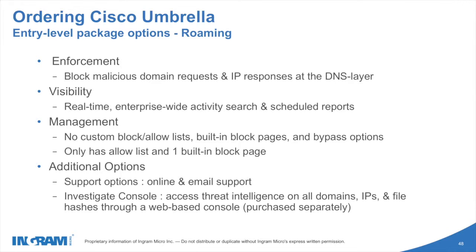For management, because it's an entry-level package, no custom block or allow lists, built-in block pages, and bypass options. It has only one built-in block page. For every package, we're going to have the additional options section. For support options, online and email support, and the Investigate Console is an add-on purchased separately.